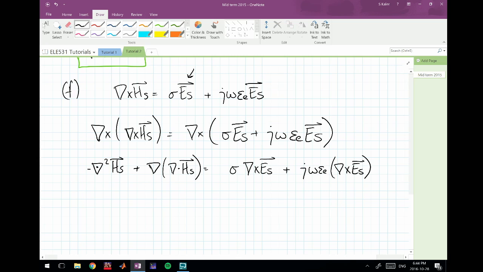Essentially it's the exact same thing. My way, I've substituted sigma E, taken the curl, and can substitute from Faraday's law, because the curl of E is negative j omega B. So you can do it both ways, but I'm going to go back and do it his way, because I don't want you getting messed up.